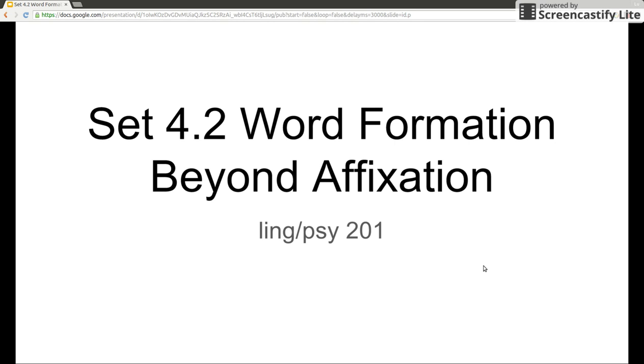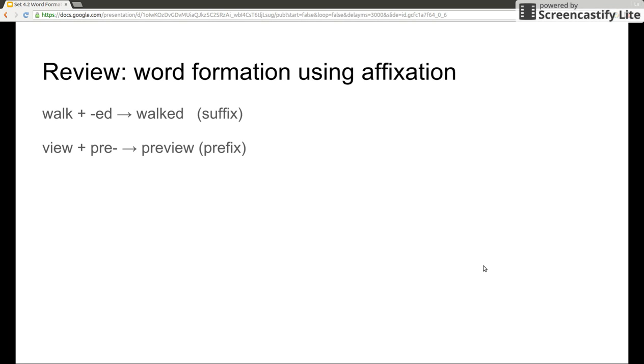Today we are going to talk more about morphology. Today we are going to talk about word formation beyond affixation. Okay, morphology. So last time we talked about some ways to make words using affixation.